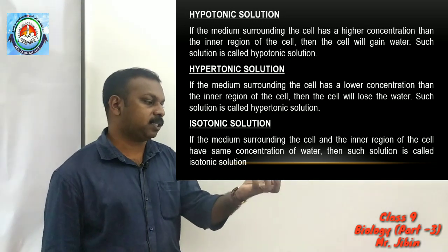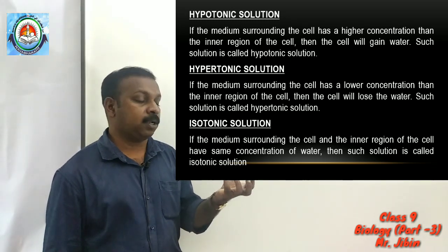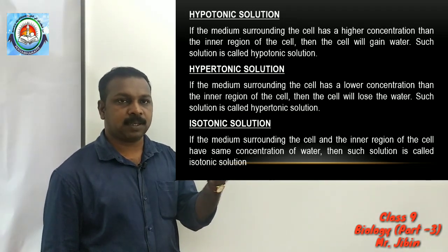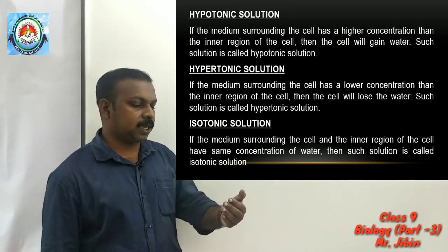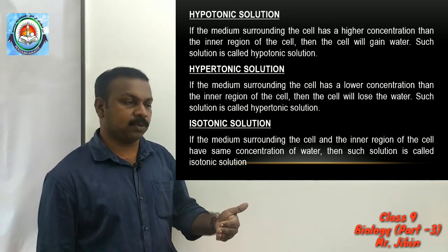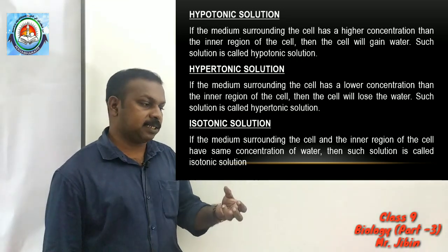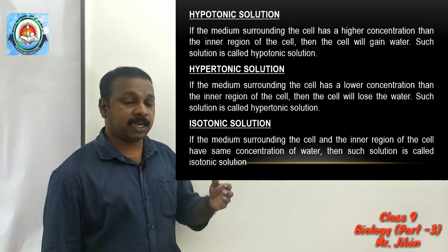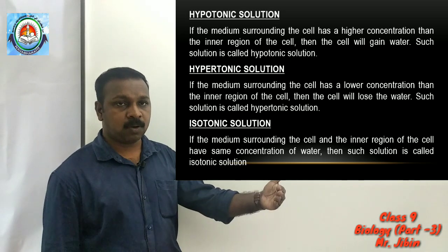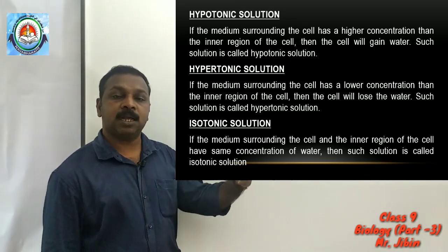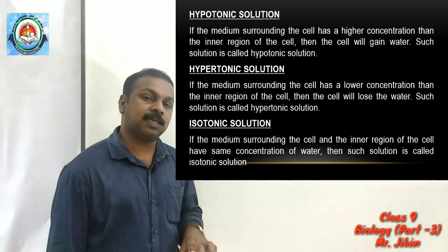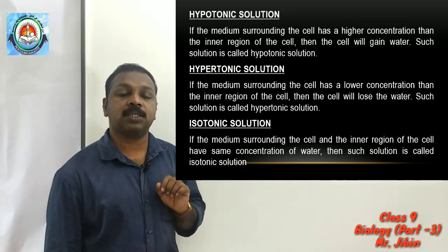After some time, we can see that the raisins are bulged or swollen, filled with water. So here water molecules have entered into the cell. If we keep a plant cell in a solution and the substances move from the outer region to the inner region, from a highly concentrated region to a lower concentrated region, we can call such a solution a hypotonic solution.